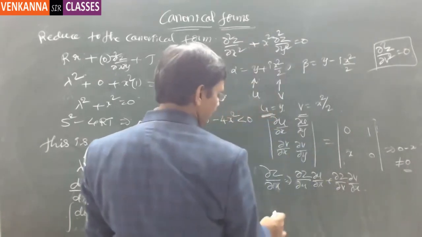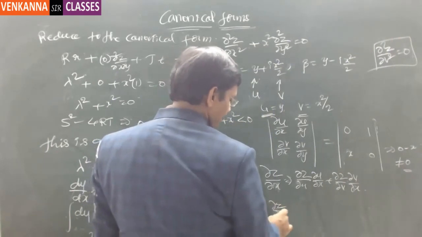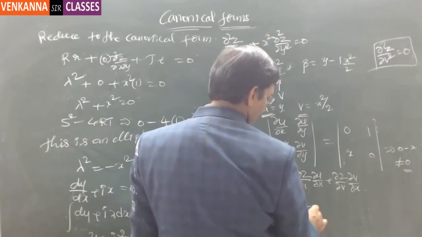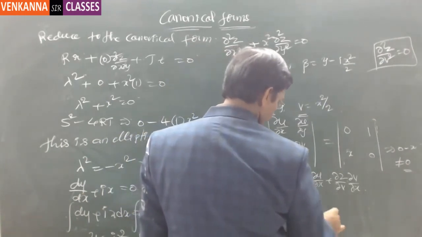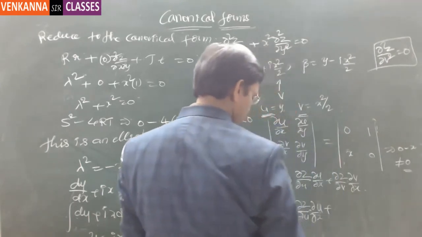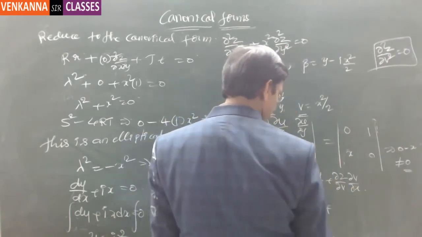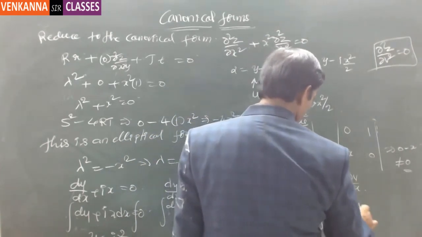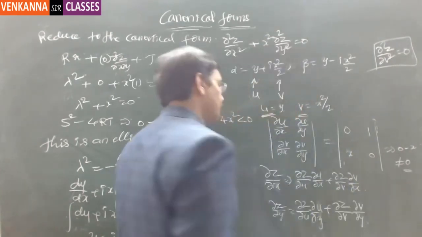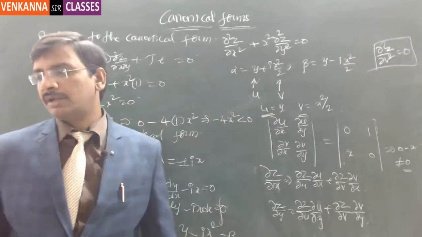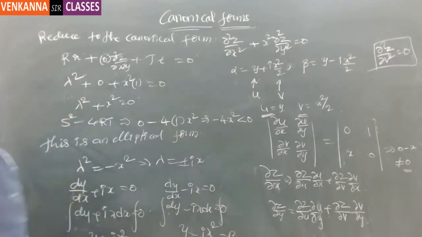Similarly, dou z by dou y is equal to dou z by dou u into dou u by dou y plus dou z by dou v into dou v by dou y. So this is how you can find it out. Again, the procedure is exactly the same. Got it? So you can bring it into the canonical format.